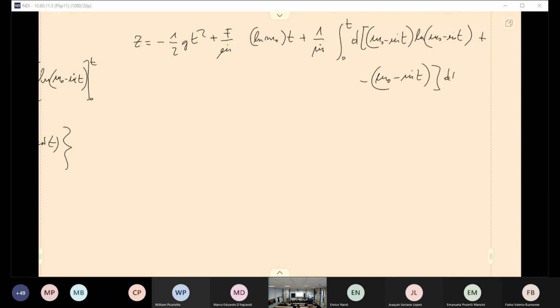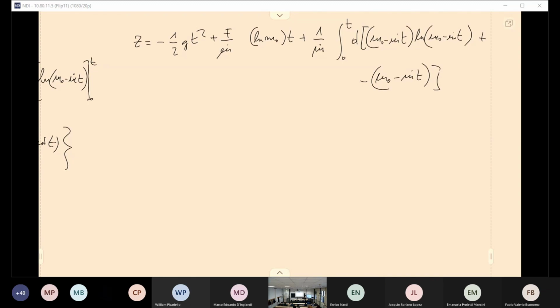And this, and then 0 to t, plus 1 over m dot, and then we have the integral between 0 and t of d... no, it's already differential form.